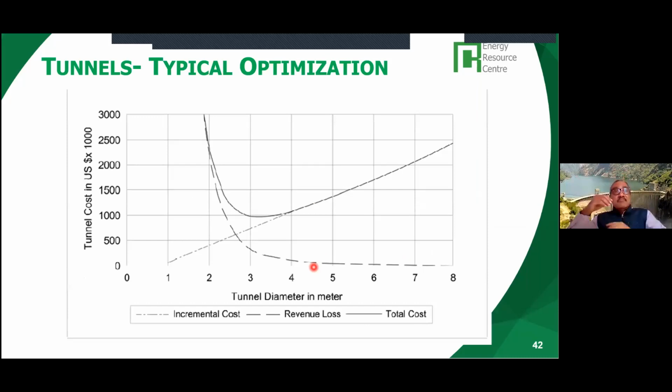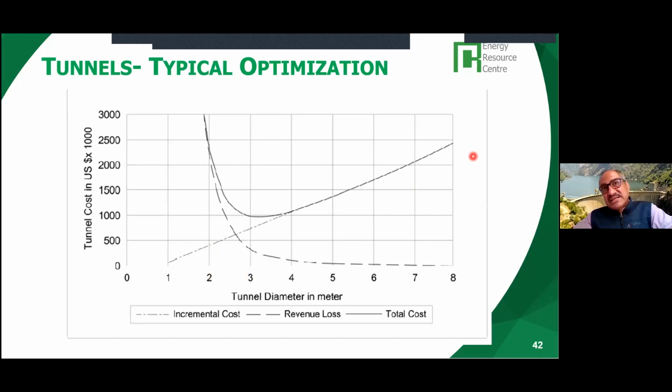But now the main important thing in tunnel design is what is the optimal tunnel size, basically the diameter. Now the question becomes, when the diameter increases, this is the straight line here, the incremental cost of the tunnel increases with the diameter from 1, 2, 3, 4.